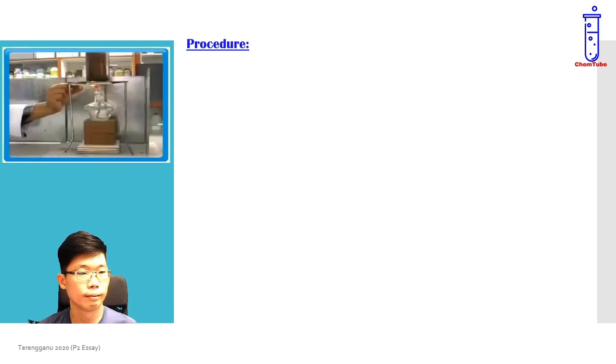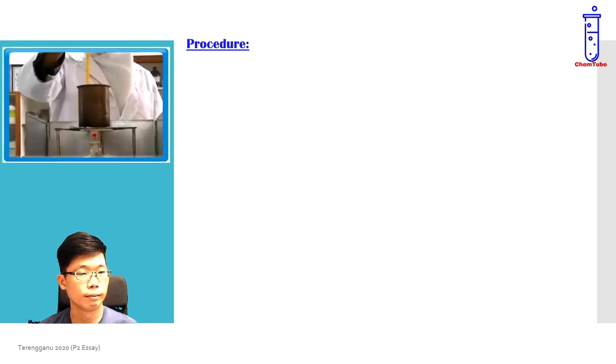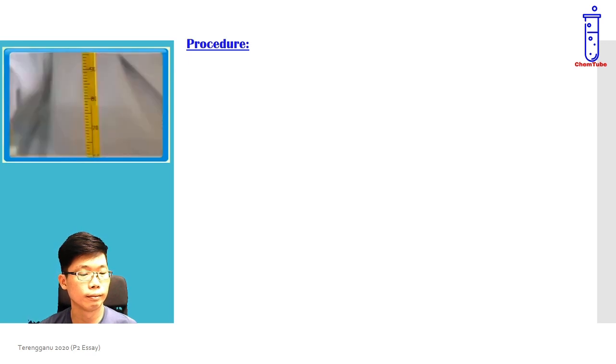The burner is placed below the copper can and then lighted to heat the water efficiently. The water is stirred until its temperature increased by about 50 degrees Celsius. Record the final temperature of the water in the table. What is the difference in temperature during the reaction? Key in your answer in the table.